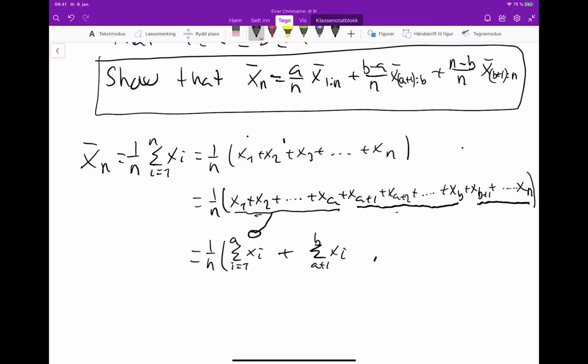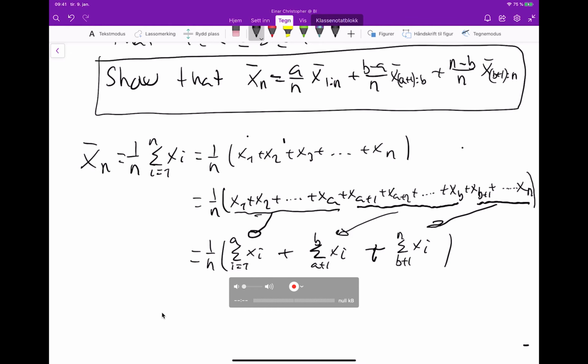That is actually this one. And then in the last sum, the x's from b plus 1 to n, which is this one. So now we are a little bit closer to what we are going to show. We have split the data into 3 parts. That was necessary to do.